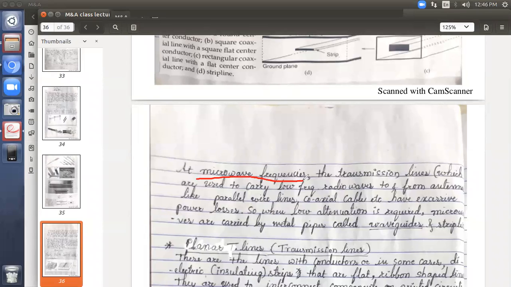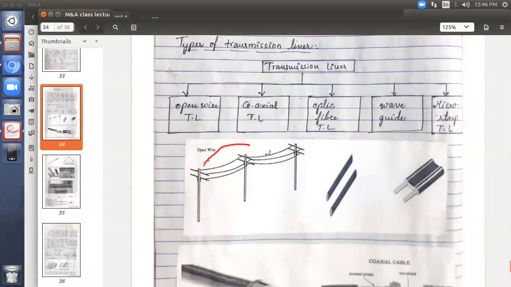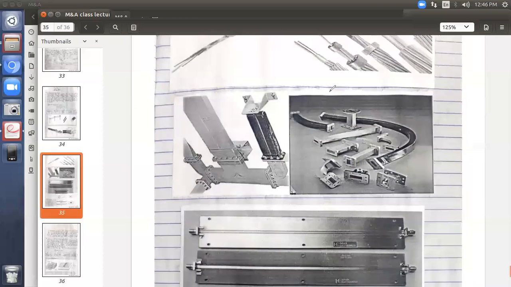At microwave frequencies, the transmission lines which are actually used to carry the low frequency radio waves to and from the antenna, just like parallel wire lines, that is open wire, which I showed you in the first figure, this one. If this structure is used for microwave frequencies, what will happen?